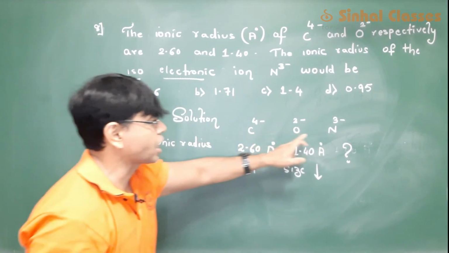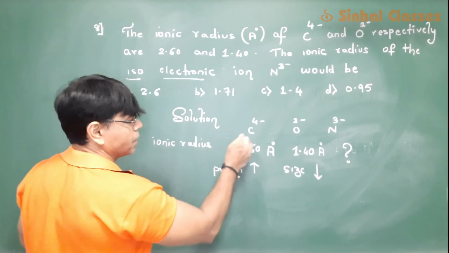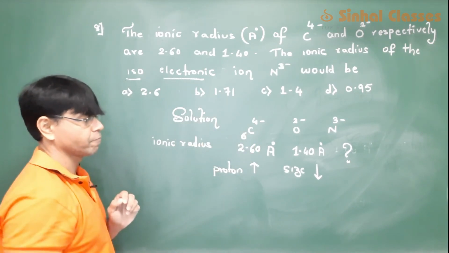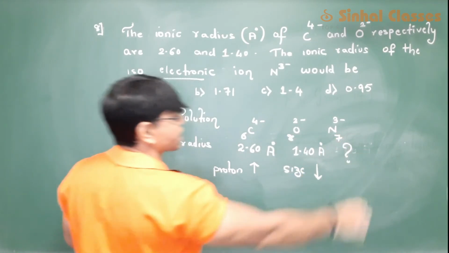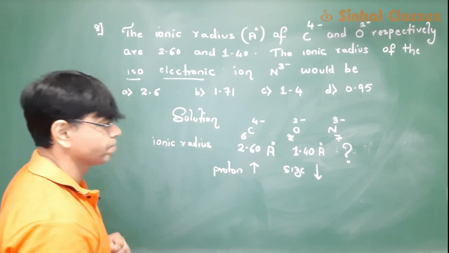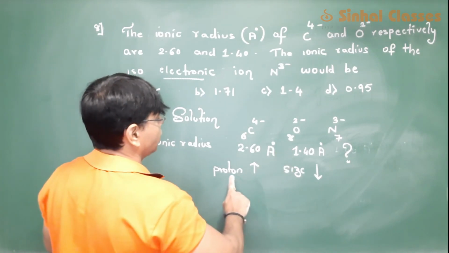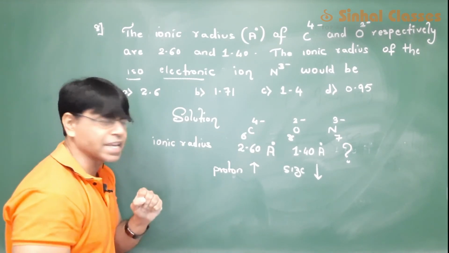So now let's take out the number of protons, that is atomic number. For carbon it is 6, for oxygen it is 8, and for nitrogen it is 7. Now arrange it according to the size. The one which has the largest number of protons has the smallest size.